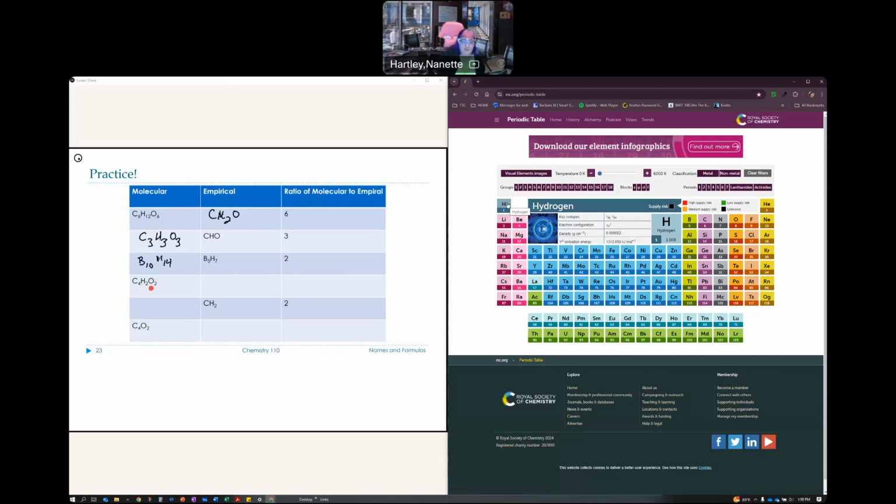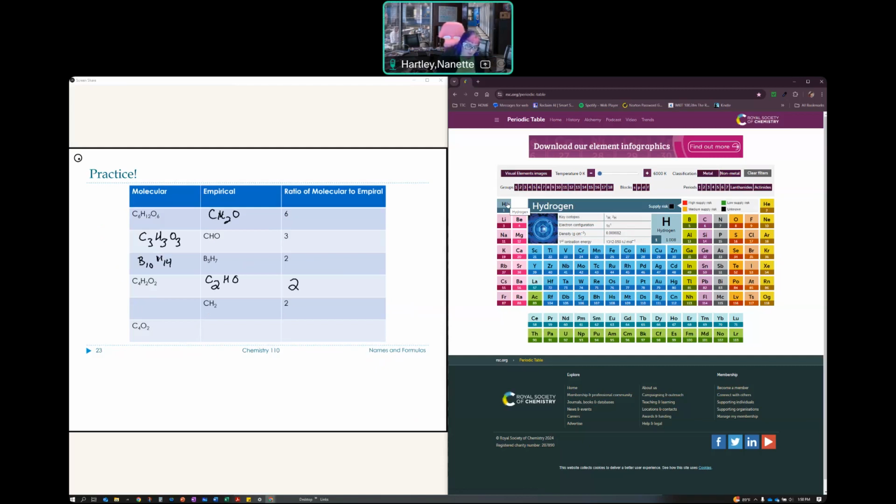Now here all I have is this C4H2O2. And looking at this, I recognize I can divide that by 2. So the factor I'm going to put here is 2. When I do that, I end up with C2H. Okay, so that's my empirical formula for this particular grouping. I have an empirical formula of CH2, factor of 2.